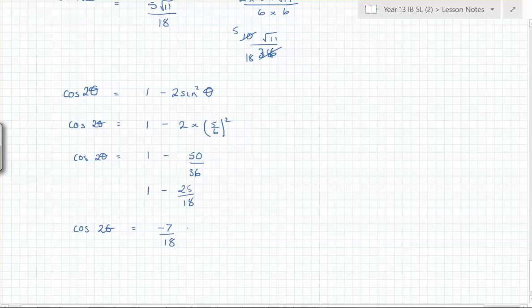Everyone happy with why 1 minus 25 over 18 becomes minus 7 over 18? No? Okay, fine. Because 1 is 18 over 18. It could be anything over it, as long as it's the same. So I've then done 18 over 18 subtract 25 over 18.